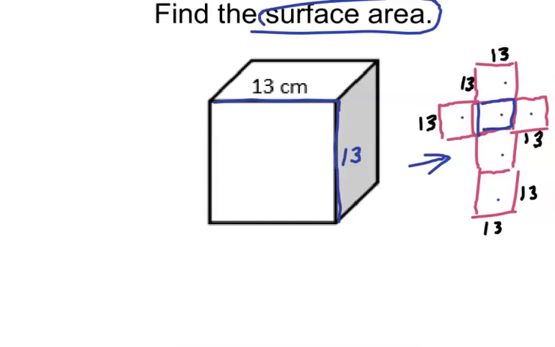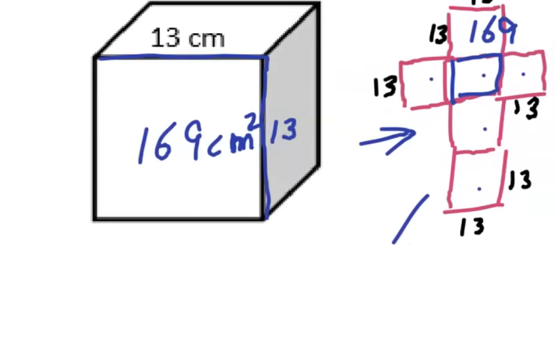Every single one of them is 13 by 13, which means all of the squares are 169 units or centimeters squared. So each one is 169 centimeters squared. All right, so if we want to know what is the total surface area, well, we already figured out by looking at the net that we have 6 sides.